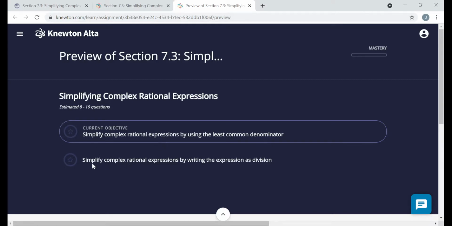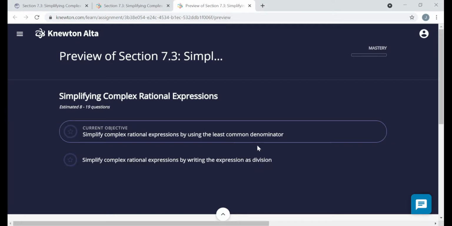So notice both objectives start with the words simplify complex rational expressions. And they're going over two methods. One's by using the least common denominator, and the other method is by writing the expression as division.